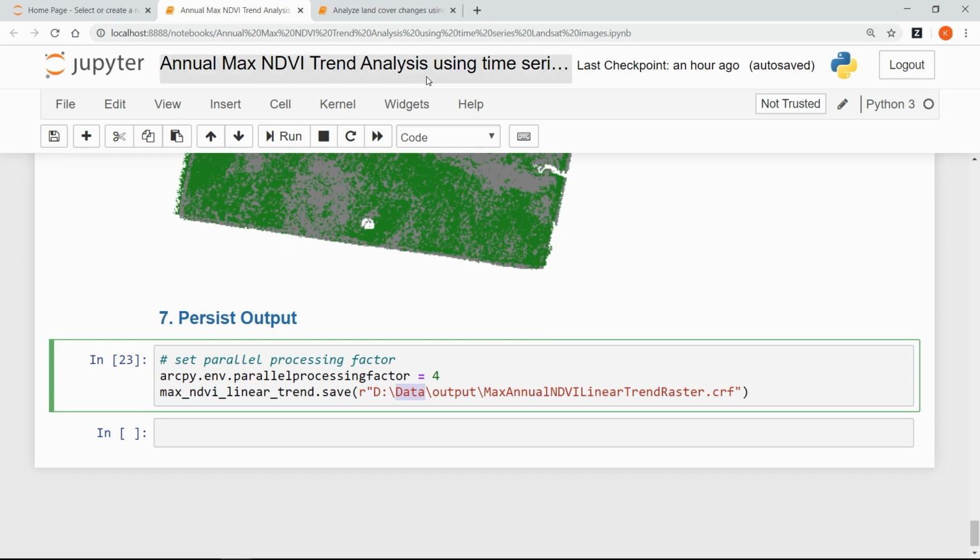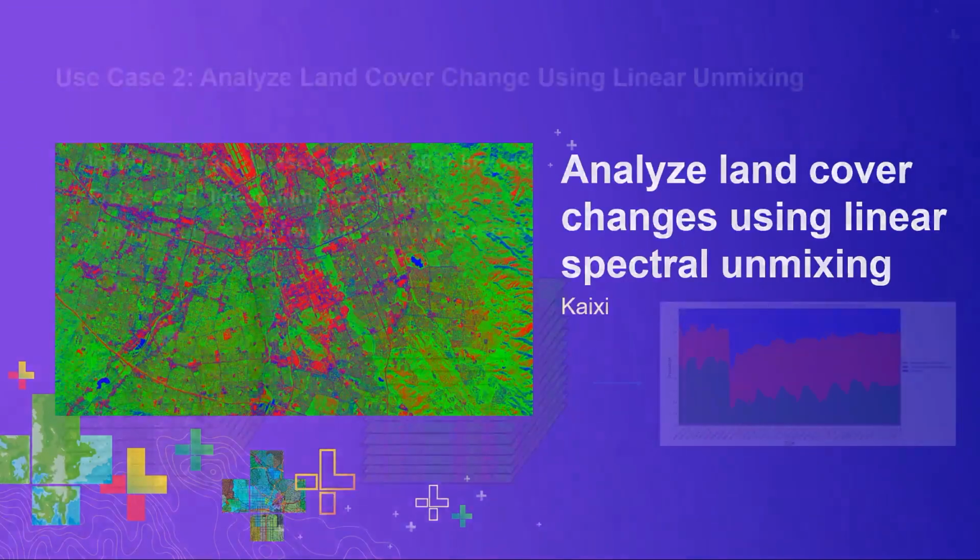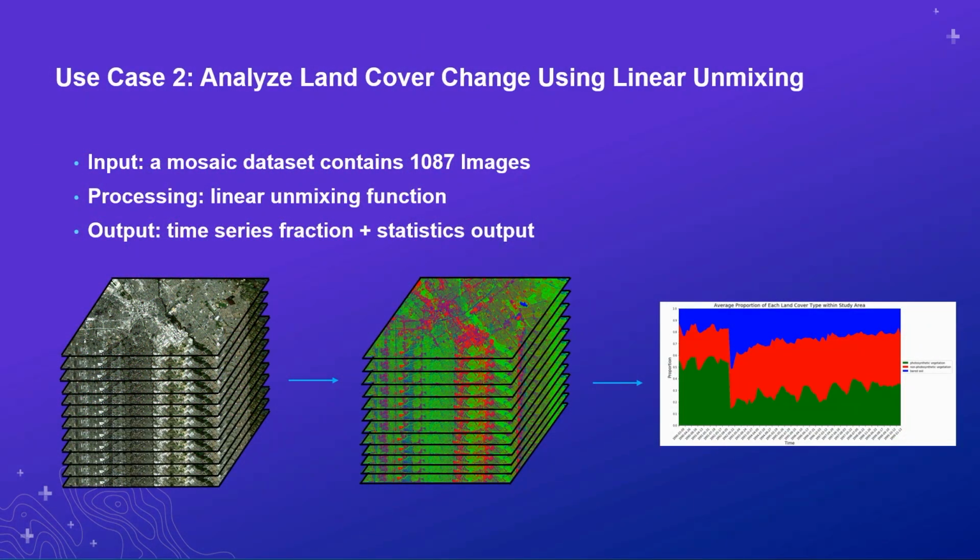So next, we will show the second use case, which is to analyze the land cover change using linear spectral unmixing. Linear spectral unmixing is a sub-pixel classification. Normally, when we do classification, we assign a category to each pixel.